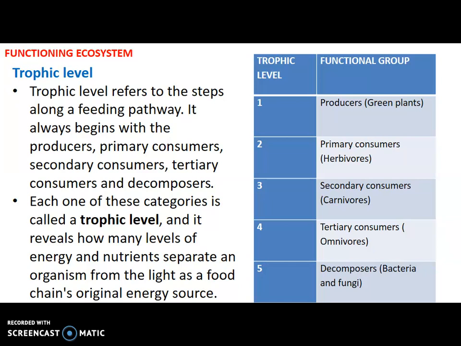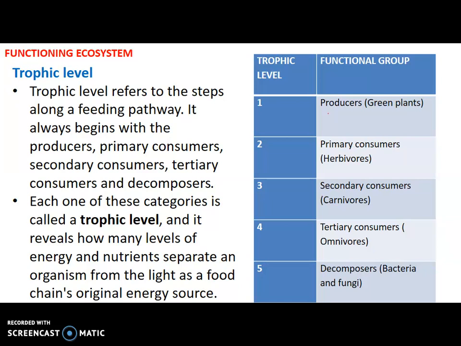And one thing about it is that a trophic level can reveal how many levels of energy and nutrient separate an organism from the producers. How many levels? If you look at this now, we have 5 steps here, which are 5 different trophic levels.